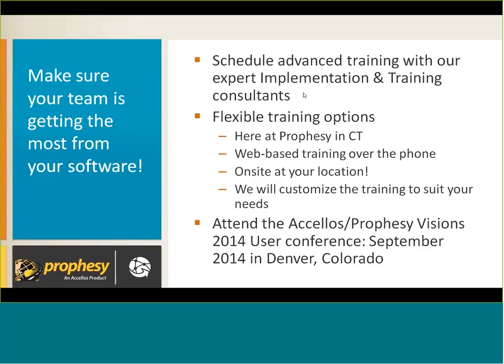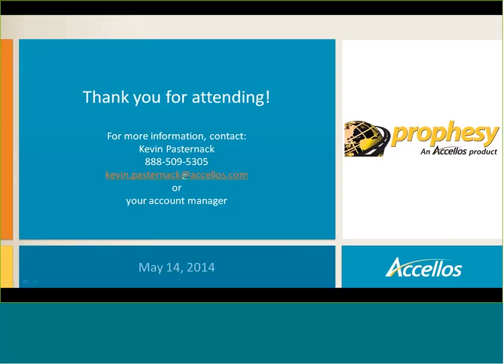The early bird registration is open. It's really 3 days of intensive training on the Prophesy software. So I would encourage as many of you as possible to come out and attend the user conference. Last year we had 250 plus people that attended the user conference in Chicago, and I know that all of those people walked away and were very satisfied with what they learned there.